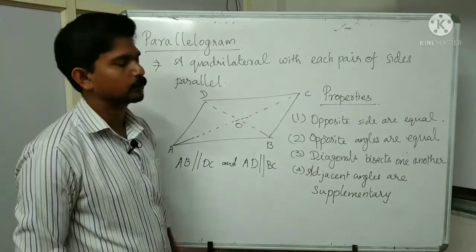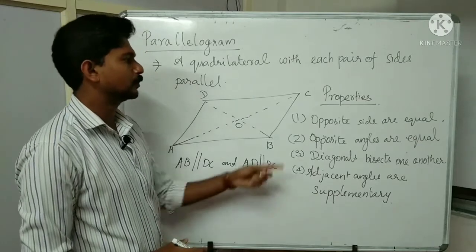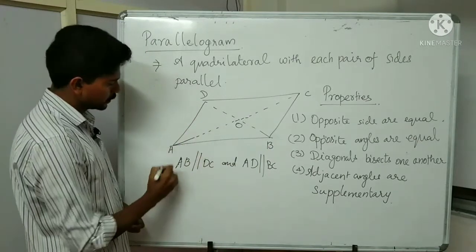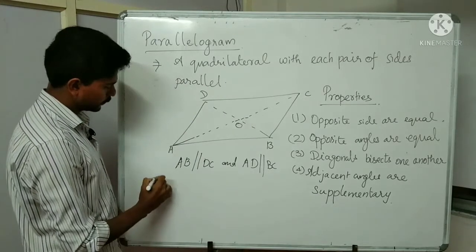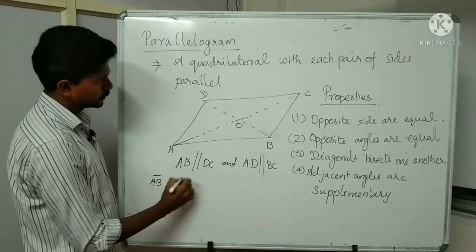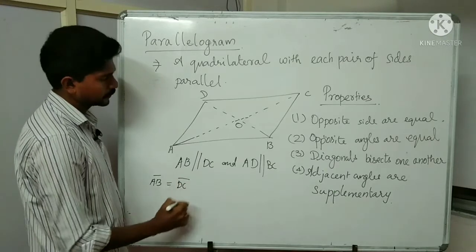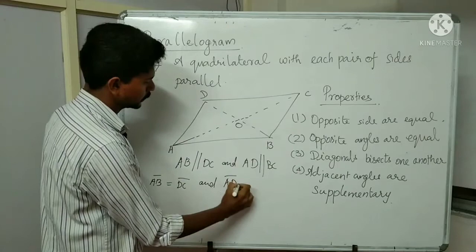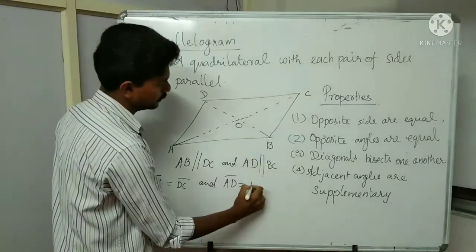Then we can see some of its properties. The first one: opposite sides are equal. Side AB is equal to side DC, and in the same way, side AD is equal to side BC.